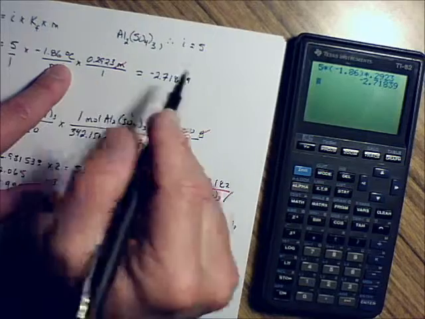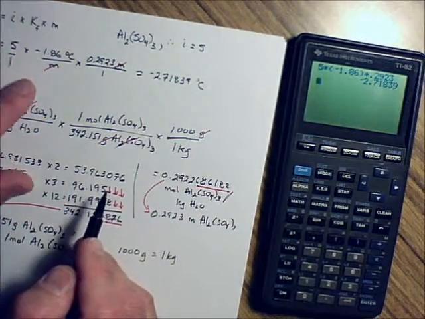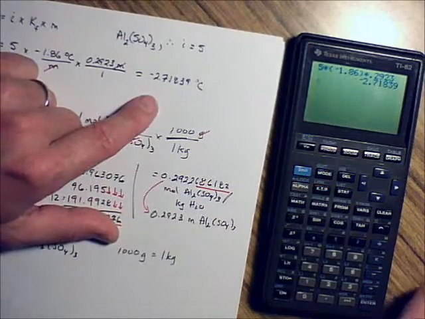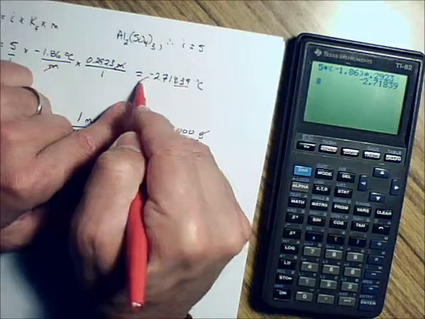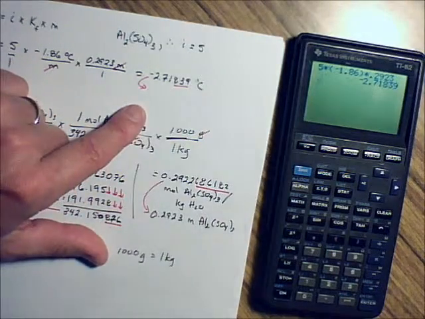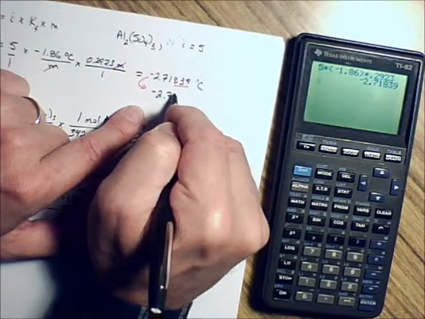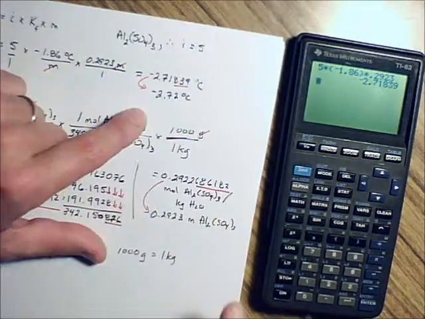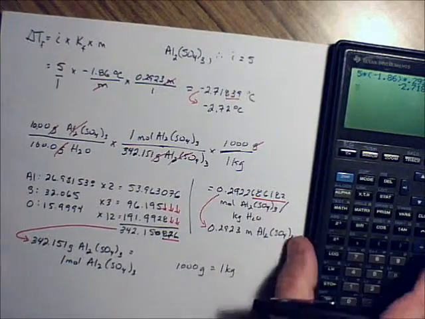And then the units we have left, degrees C. We need to round it off to how many digits? 3 digits. Negative 2.72 degrees C.